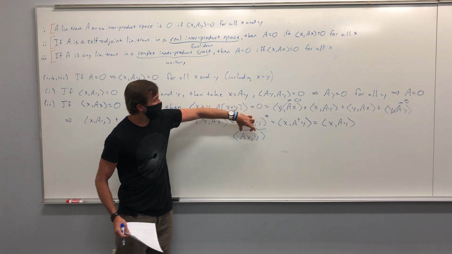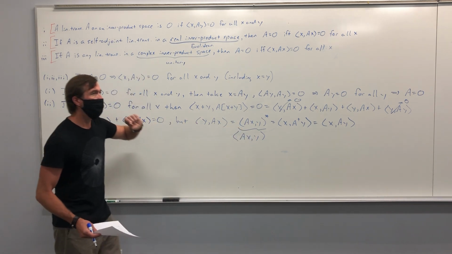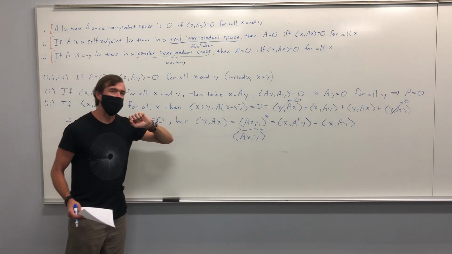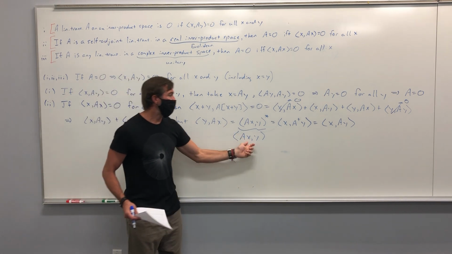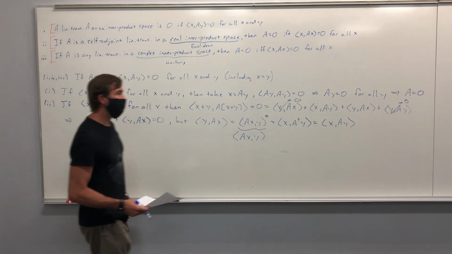The complex conjugate of this is equal to the inner product without the complex conjugate. Why? Because you're in a real inner product space. Okay, and then I just use the definition of the adjoint to get here.